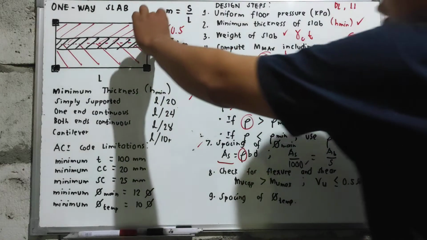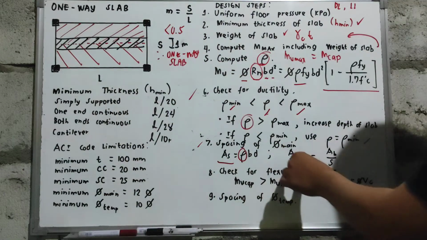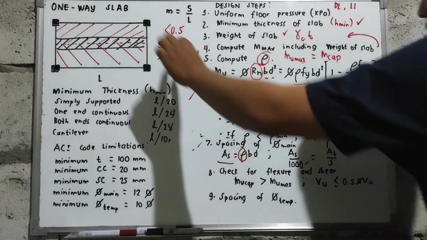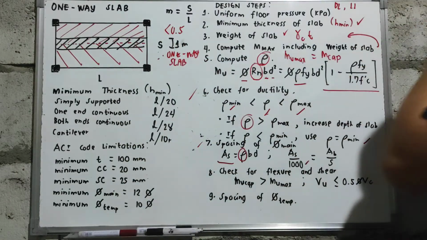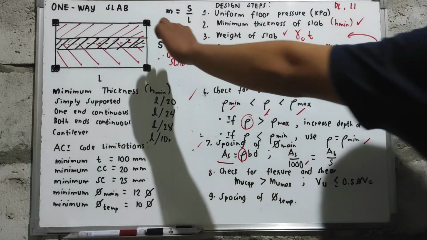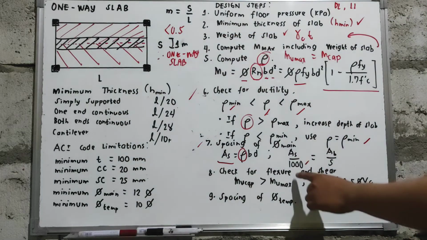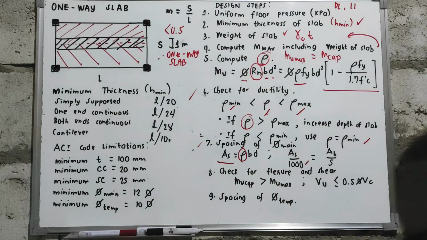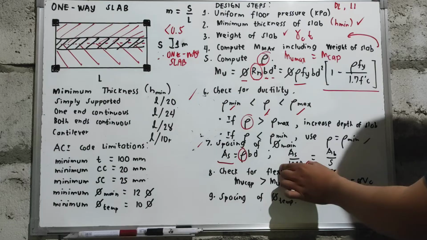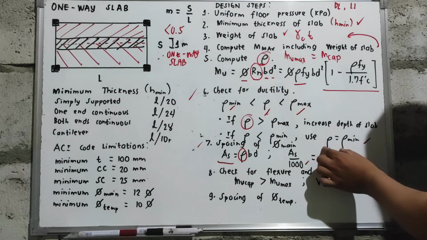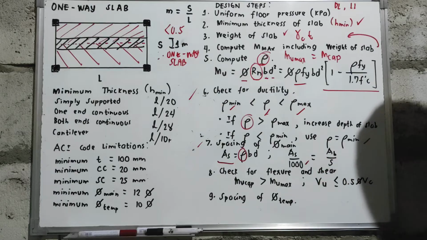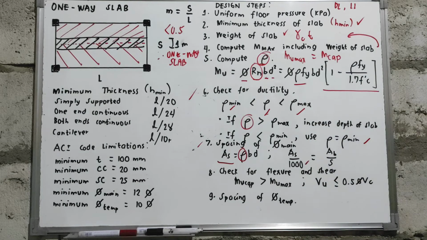So meaning to say, yung total area daw ng mga bakal natin na nakahilera dito sa strip natin, i-ratio proportion lang natin: As over yung strip natin na 1,000 equals yung area ng isang bakal over yung spacing na hinahanap natin.